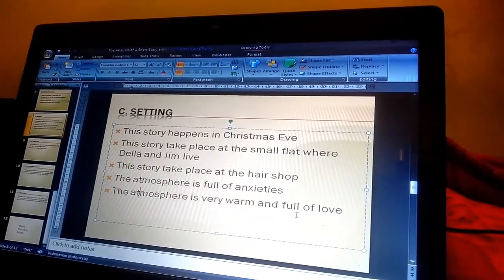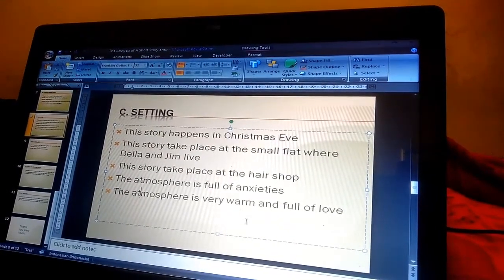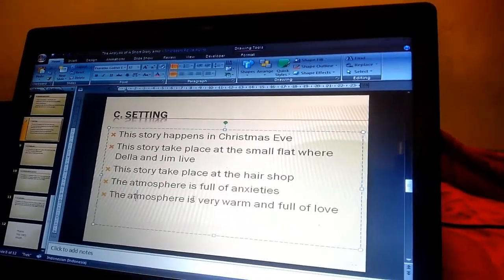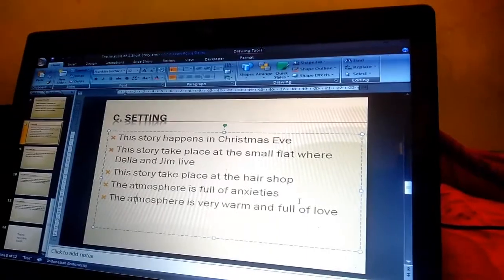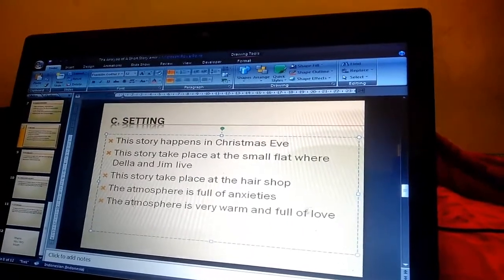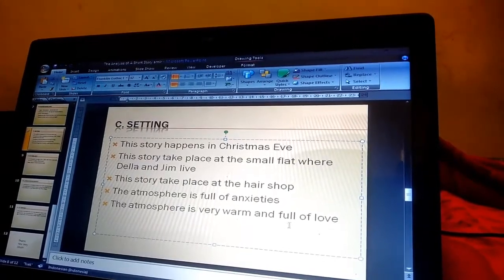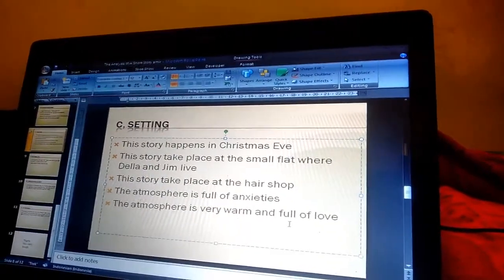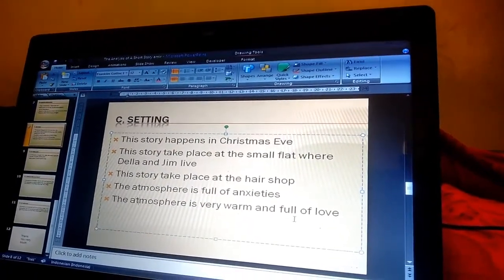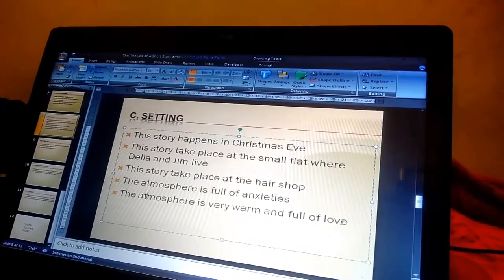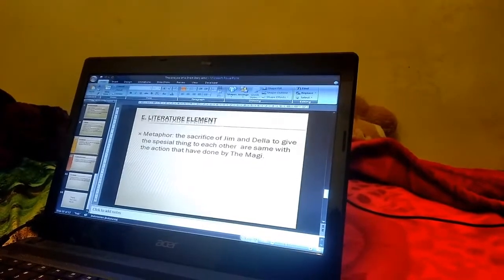I think even without any expensive thing, they will always love in very, very true love, not about materialistic intention, but genuine love. Okay, next, literary elements.